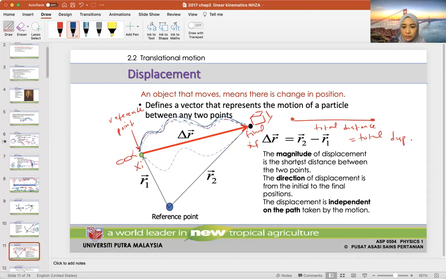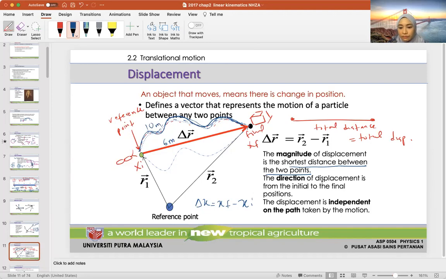So the magnitude of displacement is the shortest distance between 2 points. So in X initial, X final. So delta X, this is displacement. The change in displacement is X final minus X initial. But the total distance is, kita tak tahulah, panjang lagi daripada displacement tu. Let's say it's 10 meter. This is maybe 6 meter. Selalunya distance lagi panjang daripada displacement. Memang selalulah. Okay, displacement is the shortest.